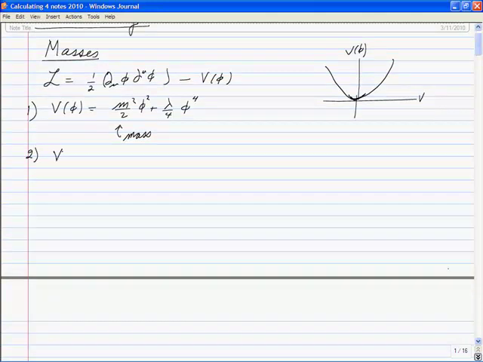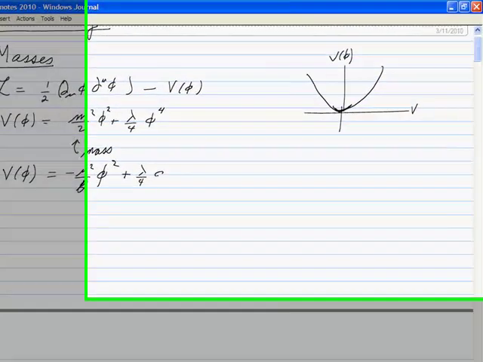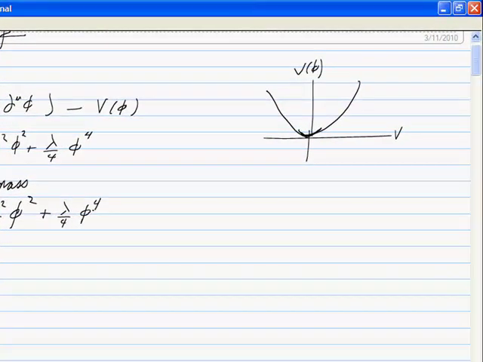Case two, remember we did a couple of cases where we changed the sign of the curvature piece, the mass term. The picture this time is V versus phi. V has a downward curvature to start with and comes back up eventually.